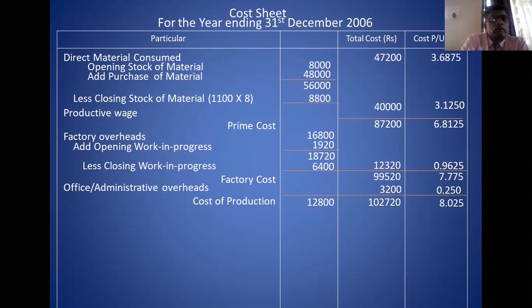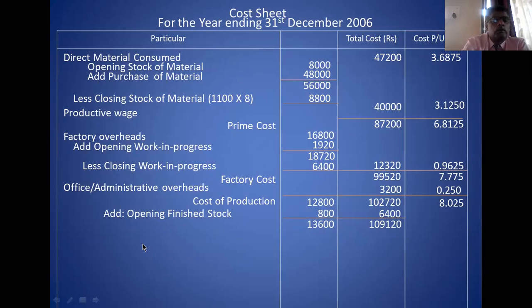Then make the adjustment. Add opening finished stock, 800 units, amount 6,400. Total is 13,600 units, amount 1,09,120.